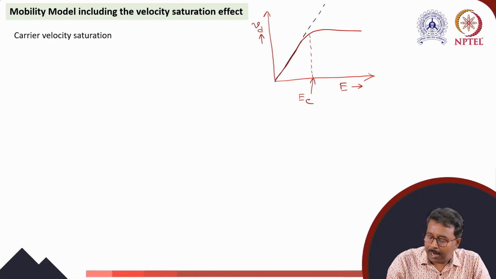That means up to certain electric field value, it maintains the linear relationship. But after this particular value, it gradually changes and ultimately it saturates. Not decreases here. You can say this is saturated.